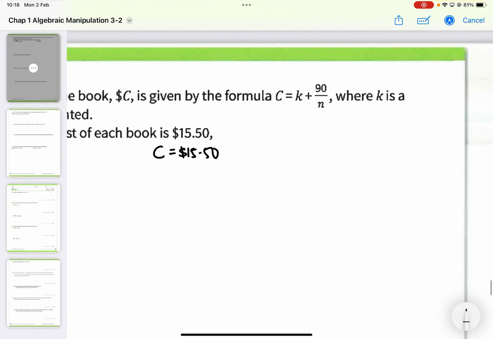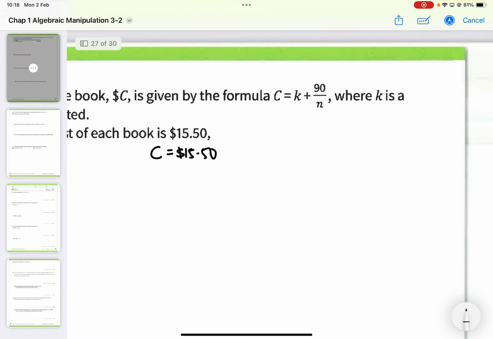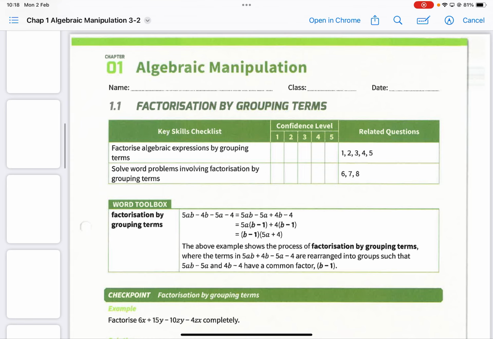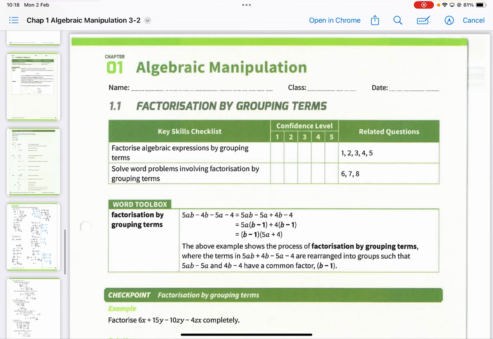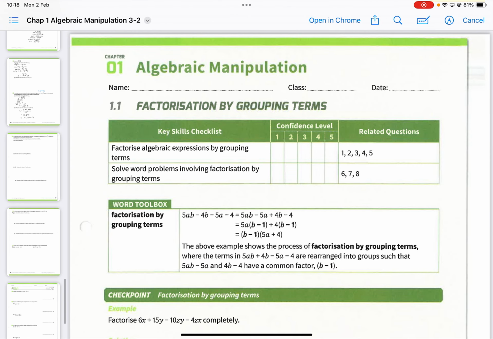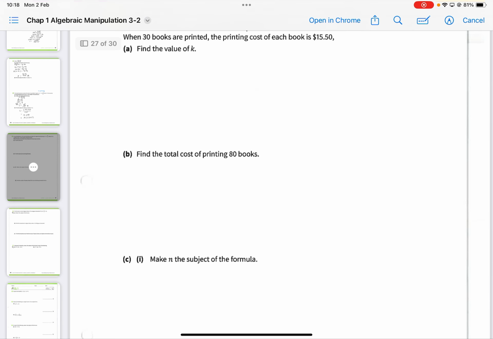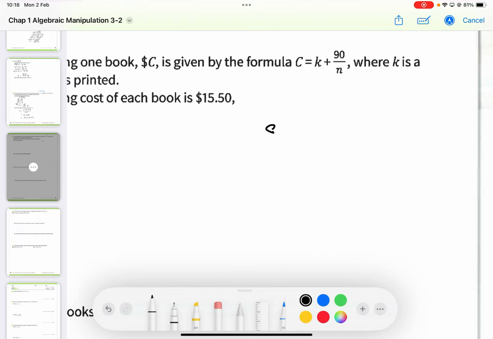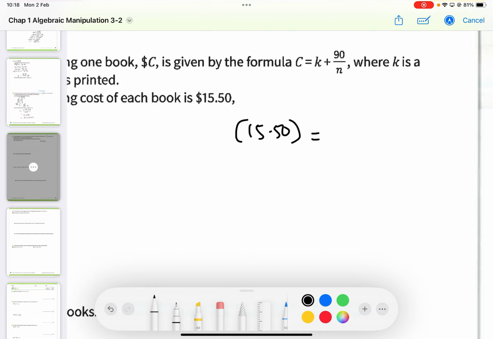Okay? So from the formula that we have, we will be doing substitution. What they want us to do is actually substitution. Instead of C, I put C as 1550. K is what I'm finding, so I don't know yet.